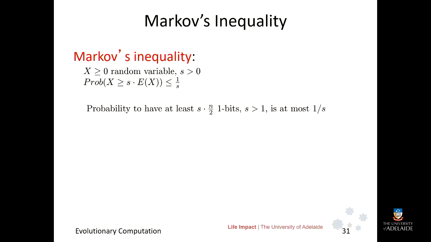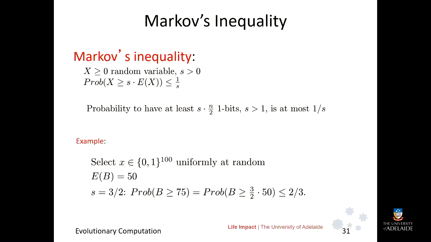Now for this example, I choose a bit string of length 100 uniformly at random. The expected number of 1s that I see is 50, right? So if I set s equal to 3 on 2, then the probability that I see at least 75 1 bits is at most 2 on 3, right?